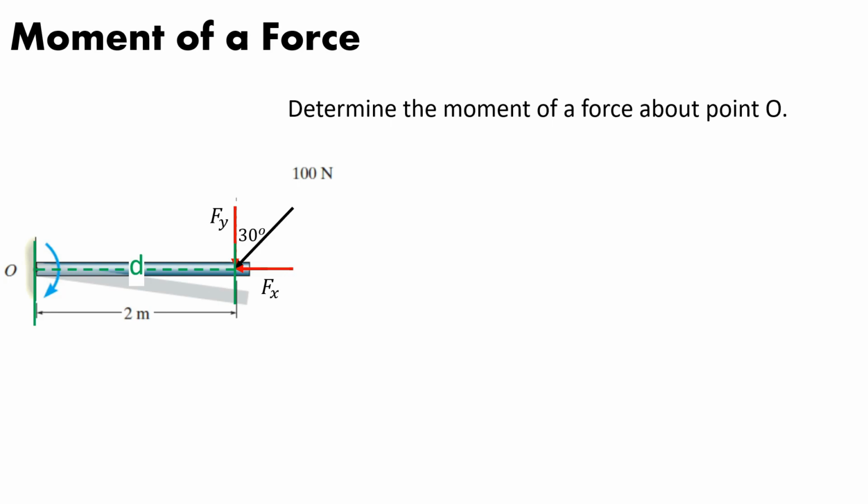Let's try to solve another problem which we solved before. We have two forces here again. Since these are components, we will solve the moment of force due to Fx and the moment of force due to Fy using the vector solution. For the vector solution, we have the moment arm first times the component of our force, which is F sine theta.